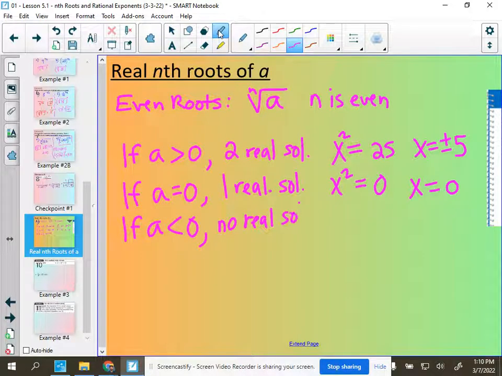real solutions. Now, I know we've done stuff in the past. x squared equals negative 4. Knowing what we know from chapter 3, we could say, hey, the solutions are positive, negative 2i. But if we're just talking real roots, there's going to be no real solutions in that situation.